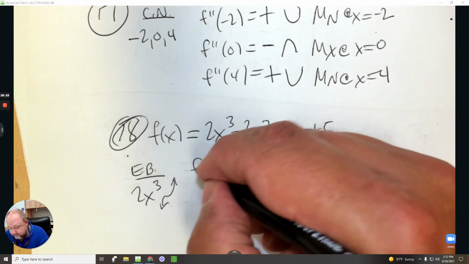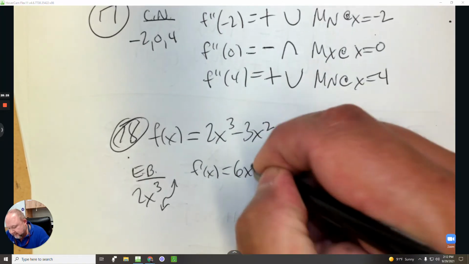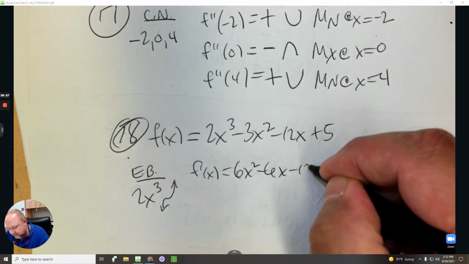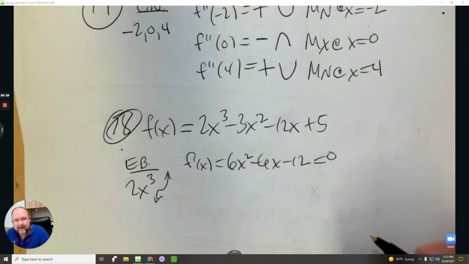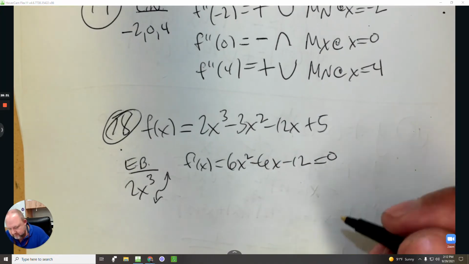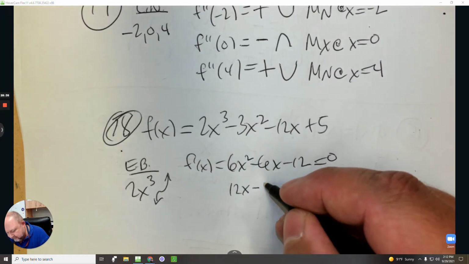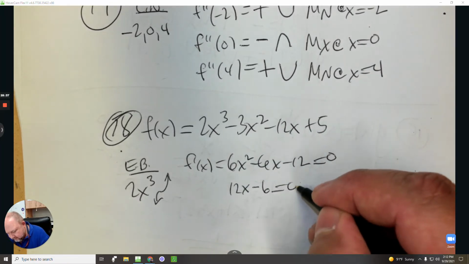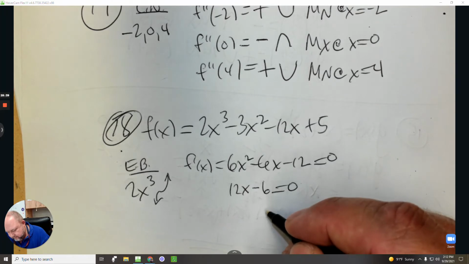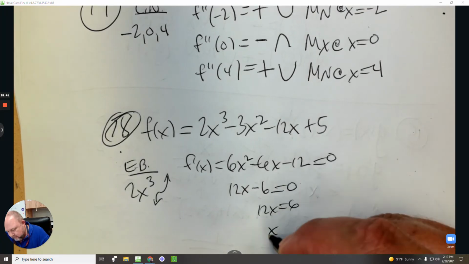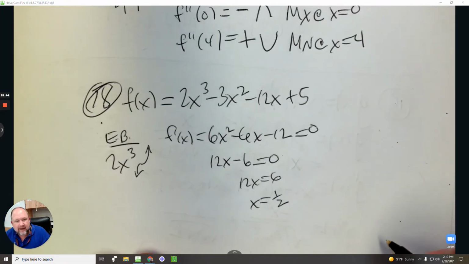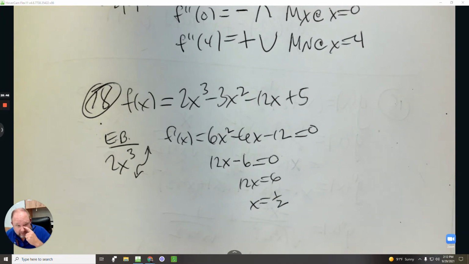The derivative is 6x squared minus 6x minus 12 equal to 0. And I'm going to solve that. That's 12x minus 6. So at 1/2, we have a critical number.